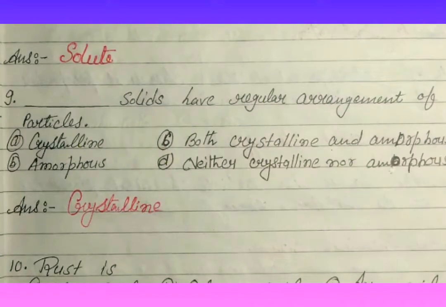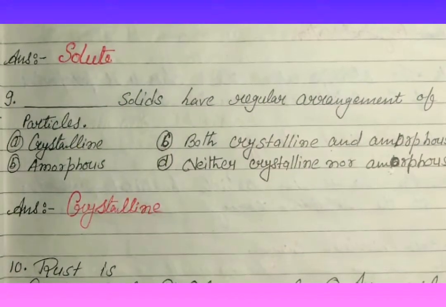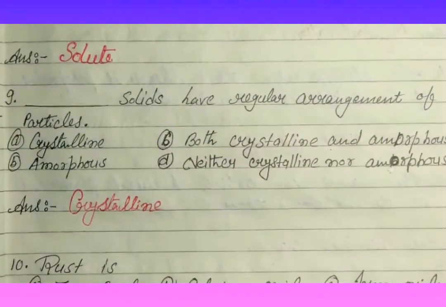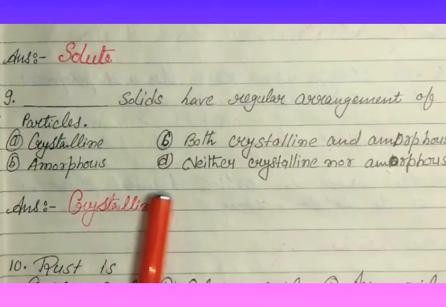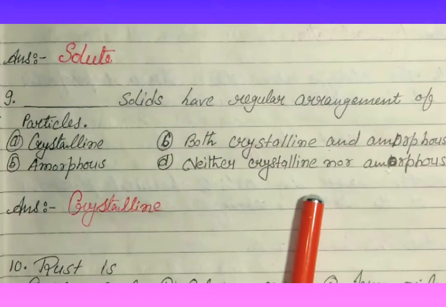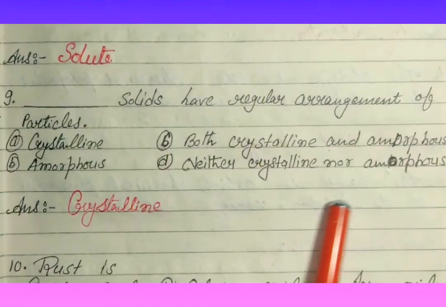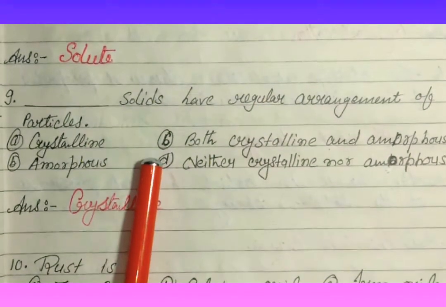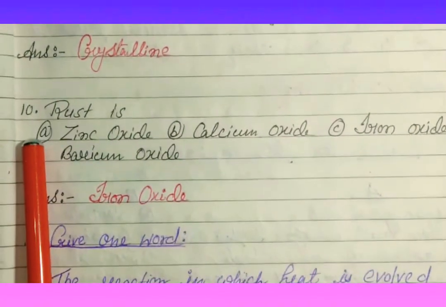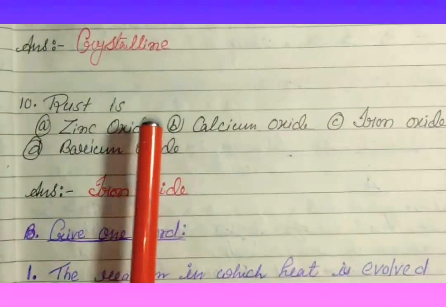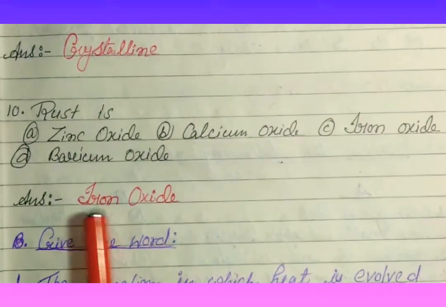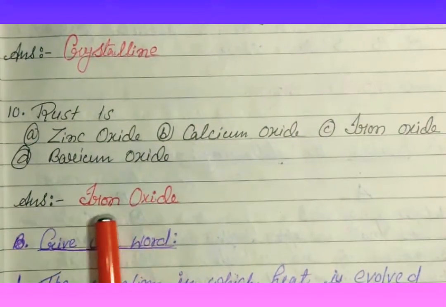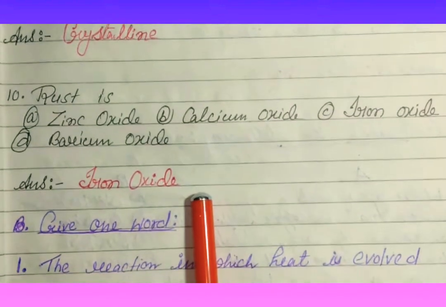A, crystalline, B, both crystalline and amorphous, C, only amorphous, D, neither crystalline nor amorphous. The answer will be crystalline. Question number 10. Rust is zinc oxide, calcium oxide, iron oxide, barium oxide. The answer will be iron oxide.